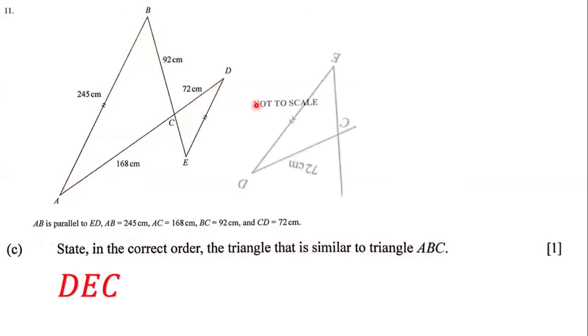If we were to turn this particular triangle, we'll see that this C corresponds with this C, this D corresponds with this A, and this E corresponds with this B. So A corresponds with D, E corresponds with B, and C is C. So it's going to be DEC. That's the correct order of the triangle that is similar to triangle ABC.